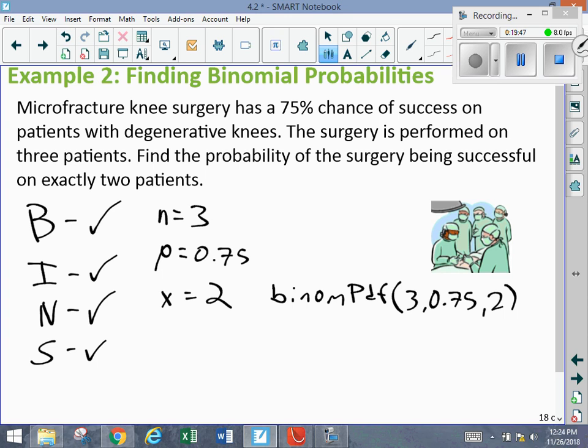What was that equal to? 0.422, right? So that is an acceptable way to express your answer. It's good enough for the College Board on an AP Statistics exam. I think it's good enough for us as well. So that would be an acceptable way to write that. All right.